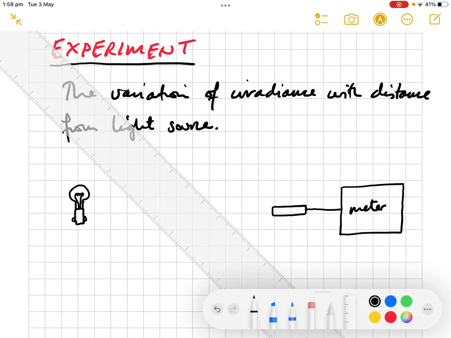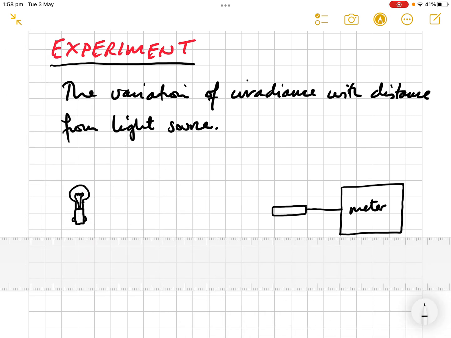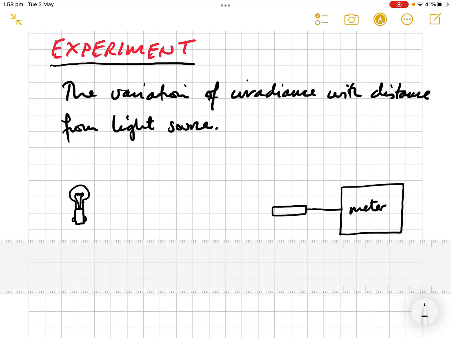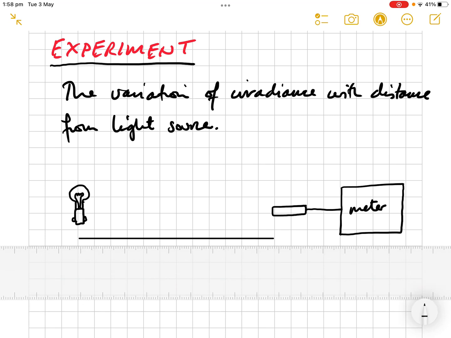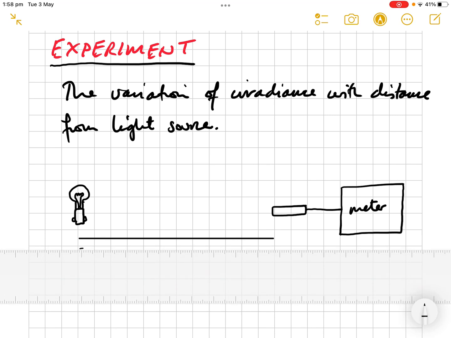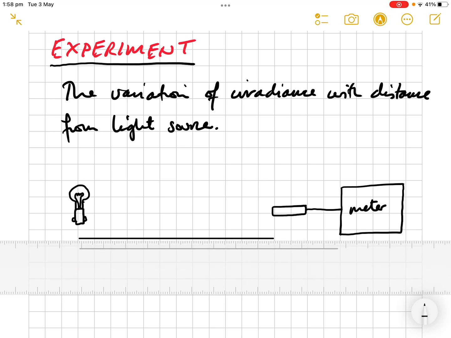And we need to measure the distance between the light source and the detector. And that would be done with a meter stick.